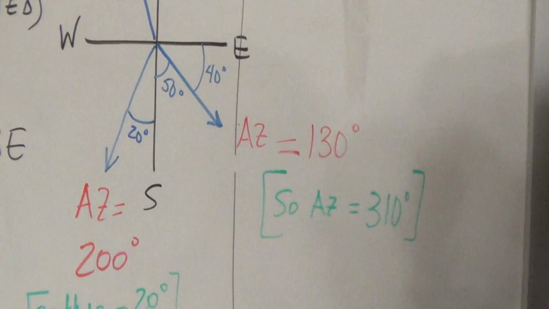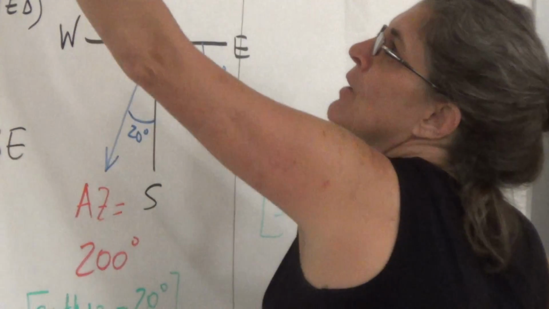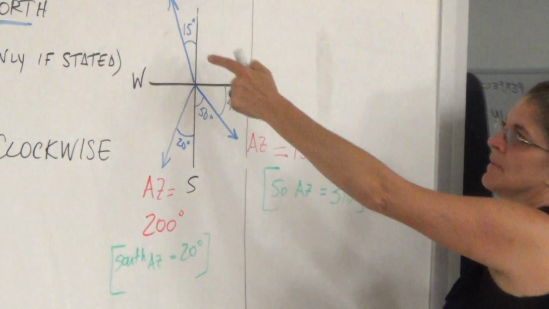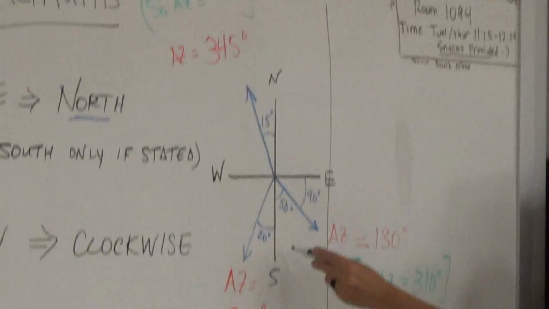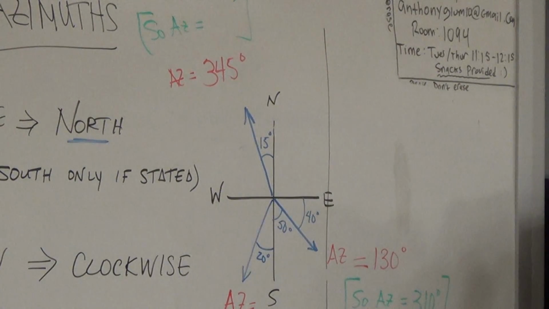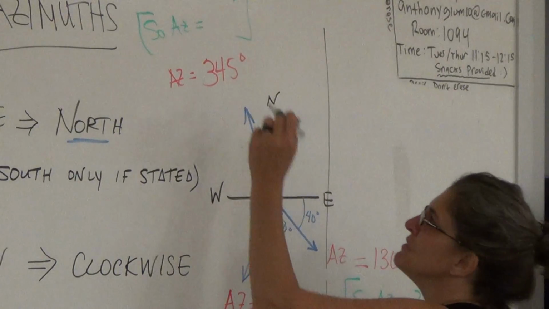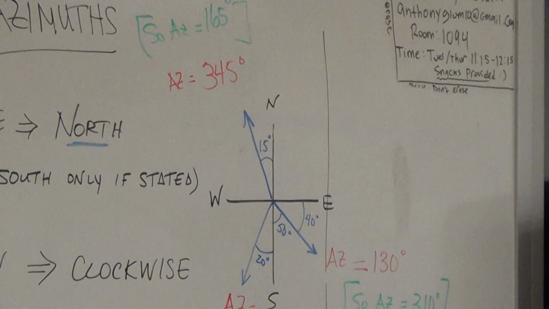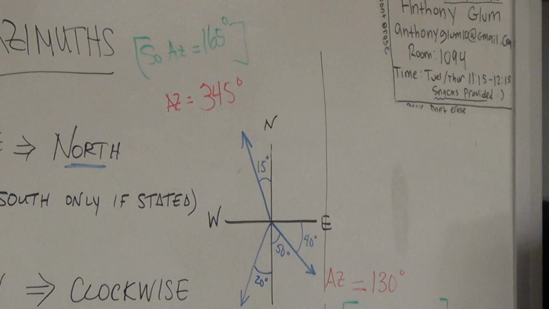So it's 360 minus 50. And what's the south azimuth of this one? 180 minus 15, so 165. Okay, everybody good?